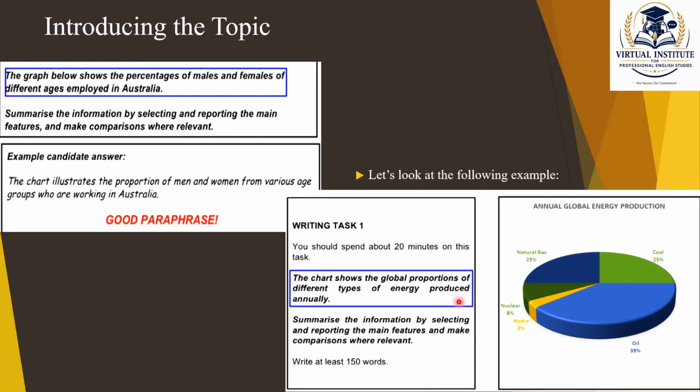That is a word. Is it clear? Generated is the most appropriate word, I think. Generated annually. So instead of annually, you could have said per year. Is it clear? You could have said types of energy generated per year, right?